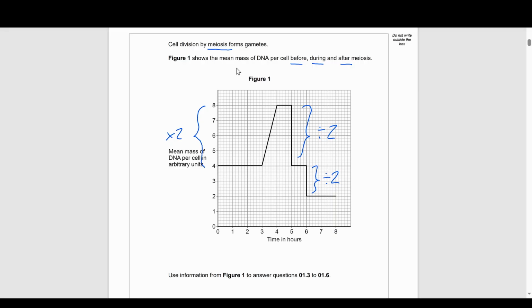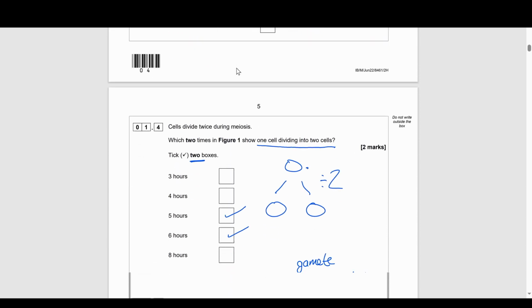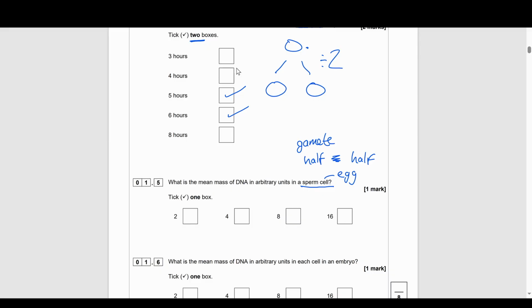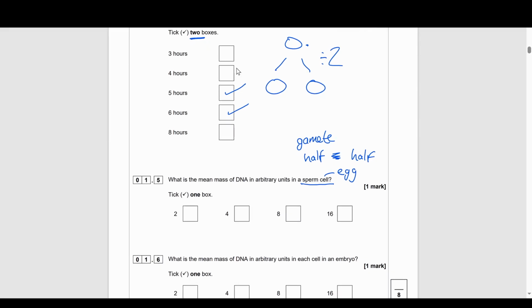At the end of meiosis, we get our gametes produced. So our gametes that we're producing here should really have 2 in terms of mass. So going back to the question now, a mean mass of DNA in a sperm cell needs to be 2 in terms of its mass.